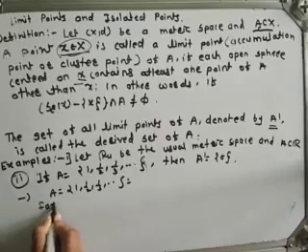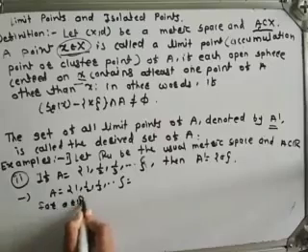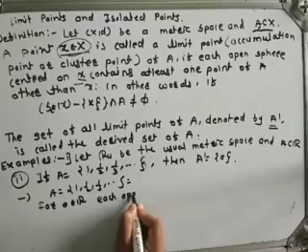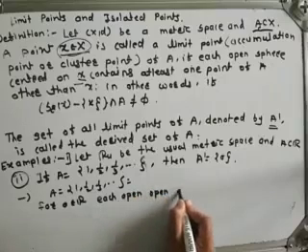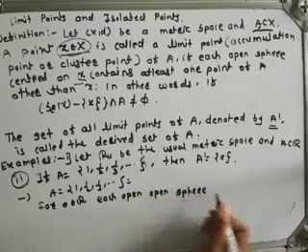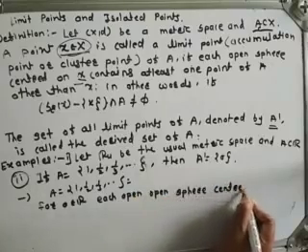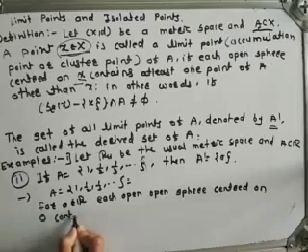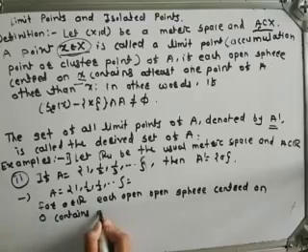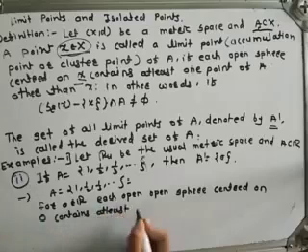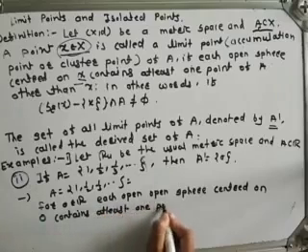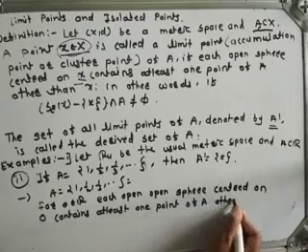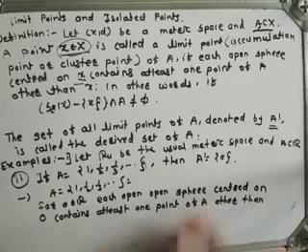Therefore, for 0 belonging to R, each open sphere centered on 0 contains at least one point of A other than 0.